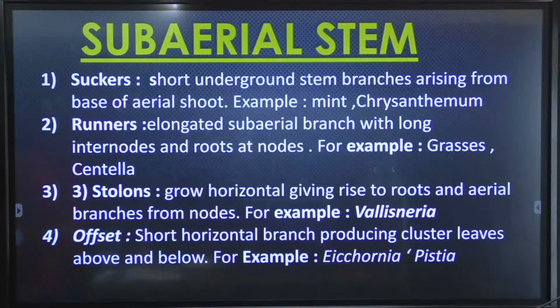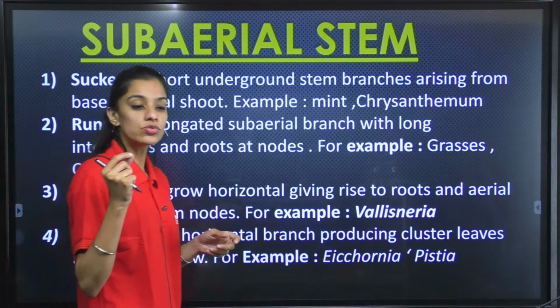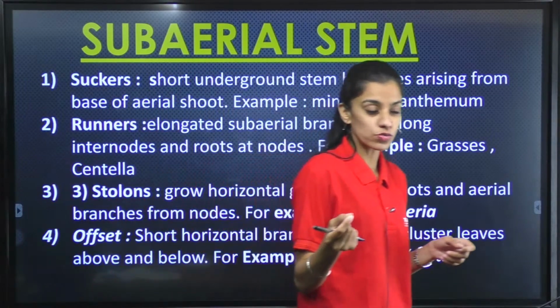Right, so the subaerial stem includes the sucker, runner, stolons, and offsets. Right, so they could be of four types. The subaerial stems jo hai, they could be of four types that we are going to discuss, and you have very, you know, minute differences between them in order to understand it.